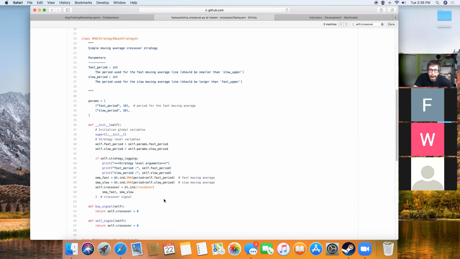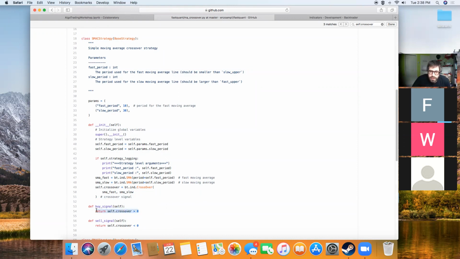And you just use it inside the buy and sell. Now, the thing is, because this is a vectorized engine and it's not event-driven, this buy signal and sell signal is not being called one step at a time. It's just being applied to the whole vector. So you're calculating these indicators over the whole data, and you immediately know if you should buy and sell over all the points.